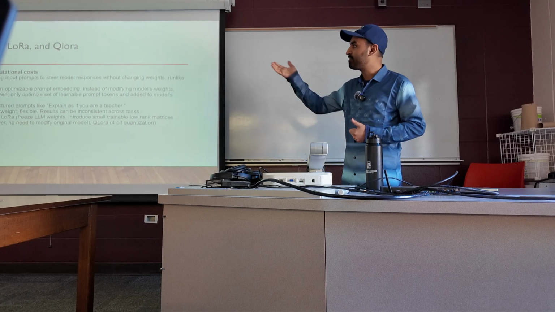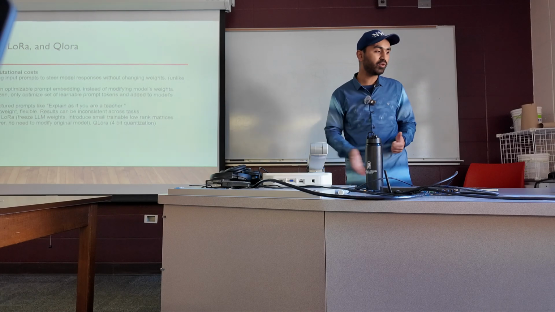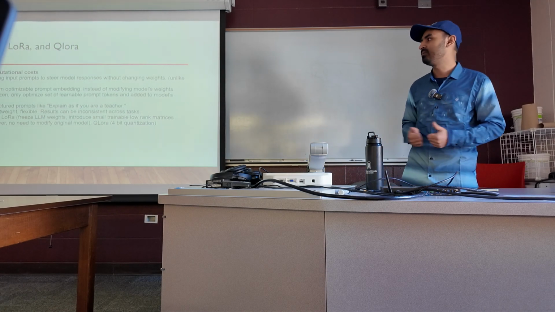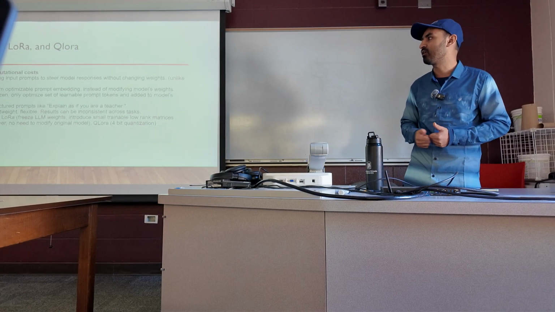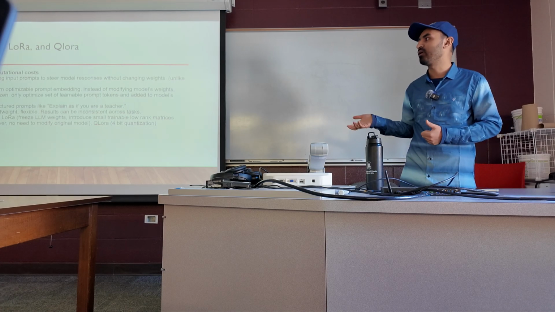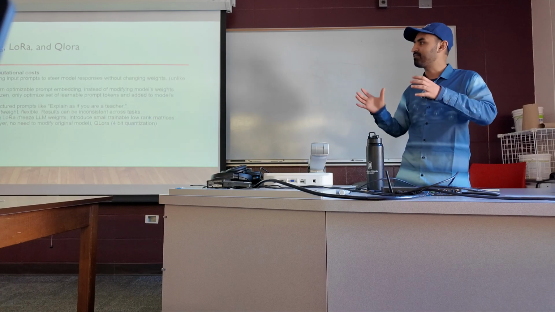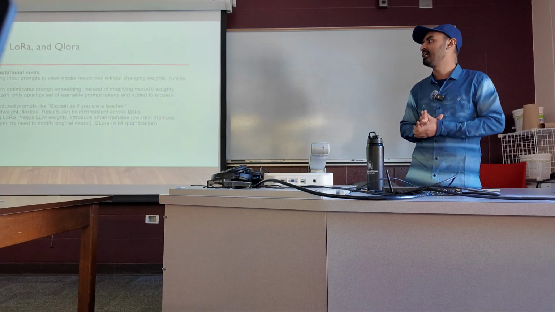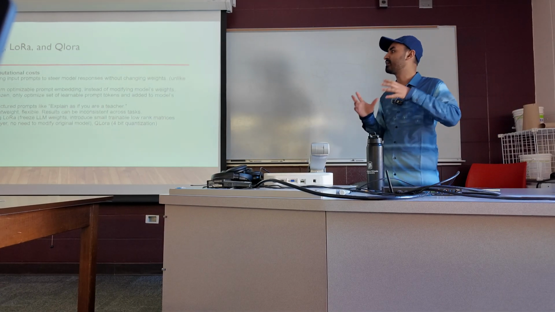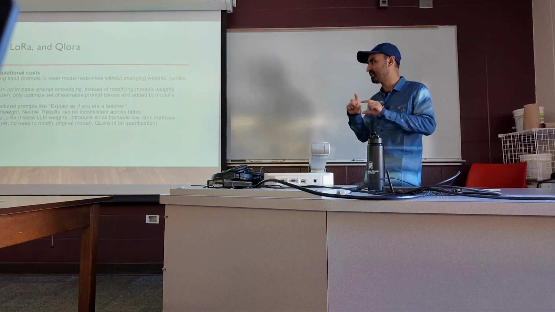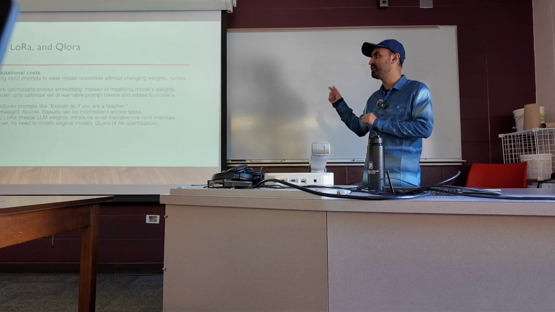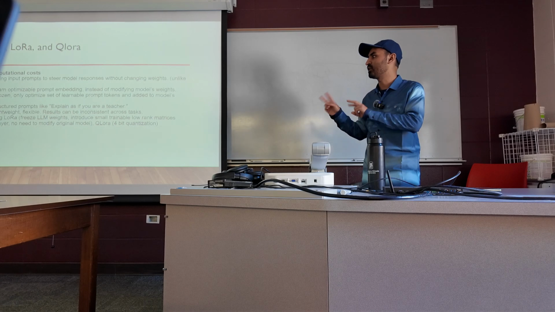For fine tuning, if we want to do it from scratch, it will be very expensive. So we can use LoRA. LoRA means low rank adaptation. How LoRA works is, at first we freeze the LLM weights and we introduce small trainable low rank matrices, like there are two unit vectors.